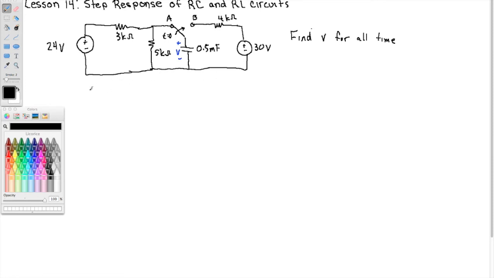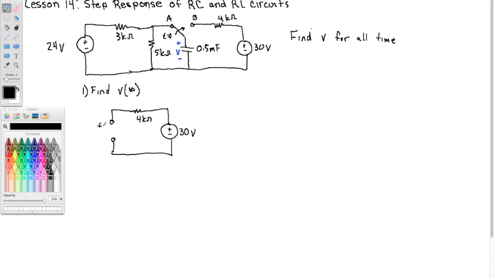Alright, so our systematic way was to first find V of infinity. Right? So that was the voltage after the switch and after we wait a long time. So after the switch, our capacitor is an open circuit after we wait a long time, and we're in position B. Like this.